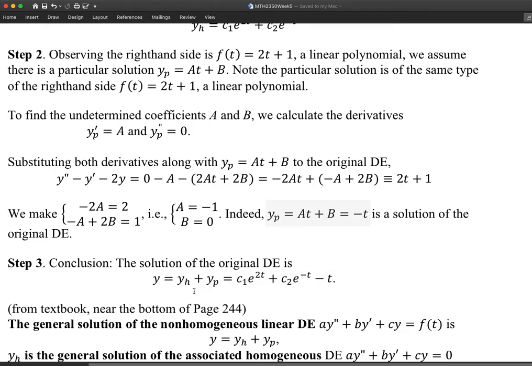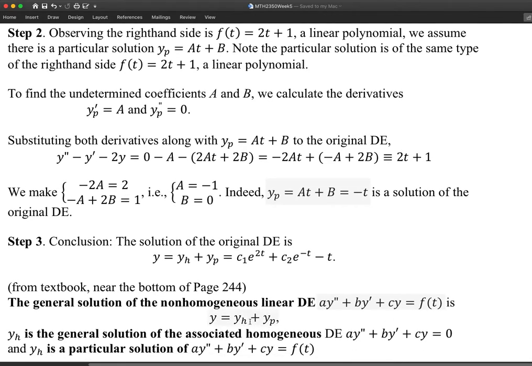And indeed, it can handle a lot of problems for this kind of second order linear differential equation with constant coefficients and non-homogeneous. So I think I directly quoted this from the textbook. Okay.